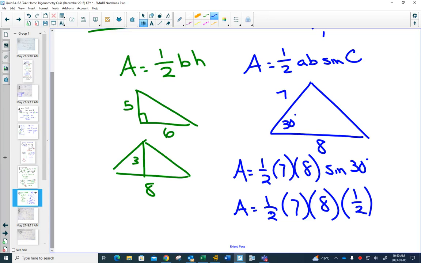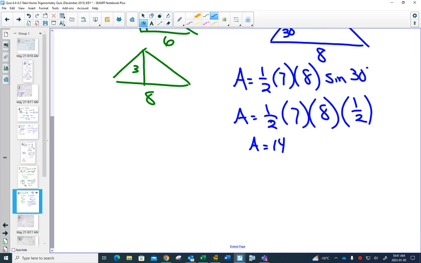And now a little bit of mental math: 7 times 8 is 56. Cut in half once, gets you down to 28. Cut in half again will get you down to 14. This was one area of a triangle formula that was new for us this semester. It's on your formula sheet.